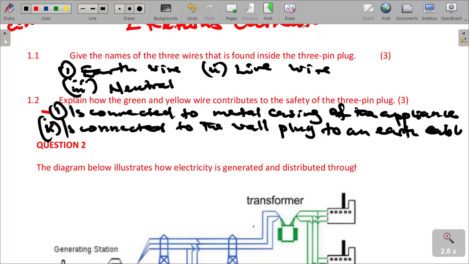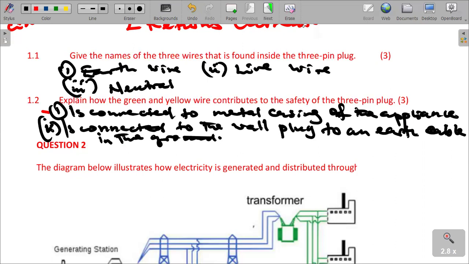Earth cable that is in the ground. And then lastly, we can also say that the earth cable has almost zero resistance. Earth wire has zero resistance.